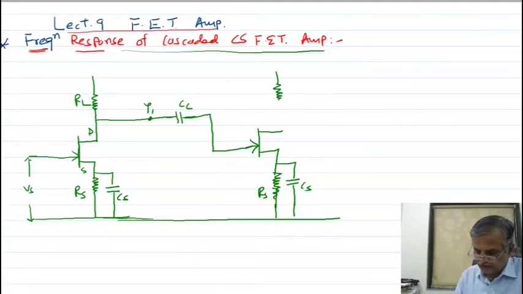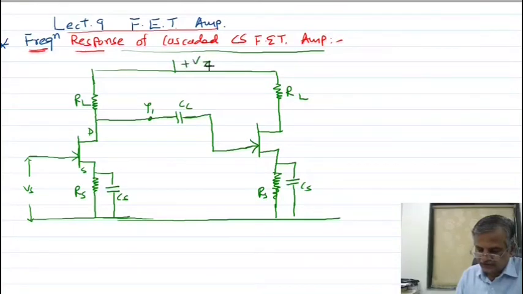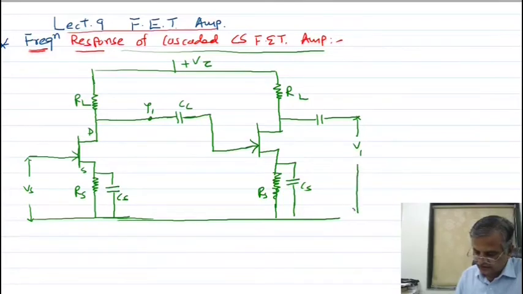This is RL of the second stage, and here you are giving supply voltage plus VCC. From this you are taking the output of the second stage. This is a ground.